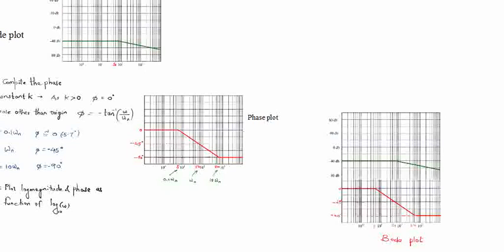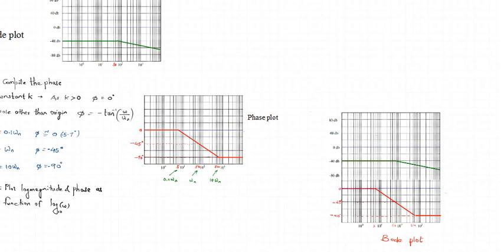So here you could see this is the Bode plot for the magnitude that we had obtained, and this is the phase plot. Both magnitude and phase plot are shown on the same graph with a common logarithmic frequency base, and such a plot is called the Bode plot. So this is the Bode plot for the first example.